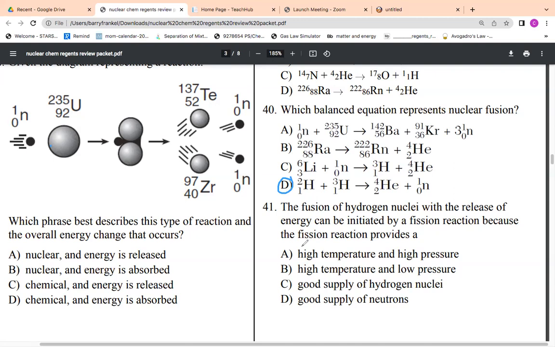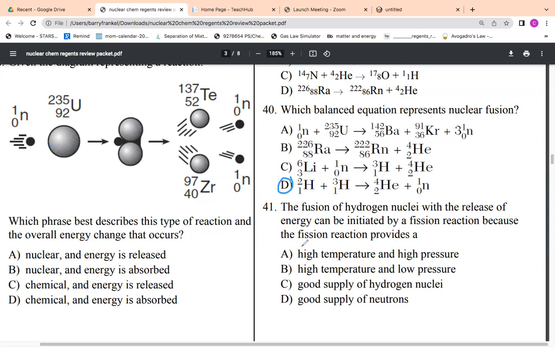41. The fusion of hydrogen nuclei with the release of energy can be initiated by a fission reaction because the fission reaction provides A. So again, in our nuclear power plants, we use fission reactions.